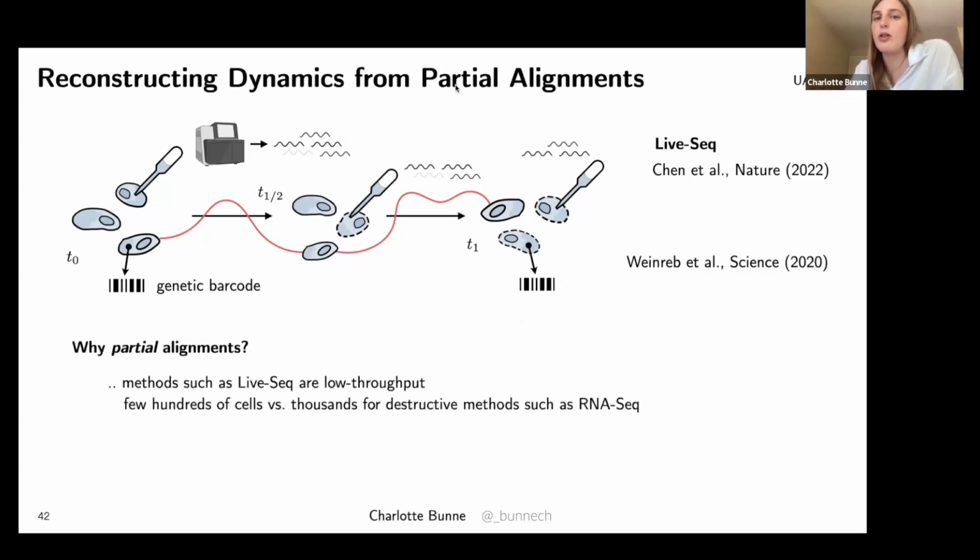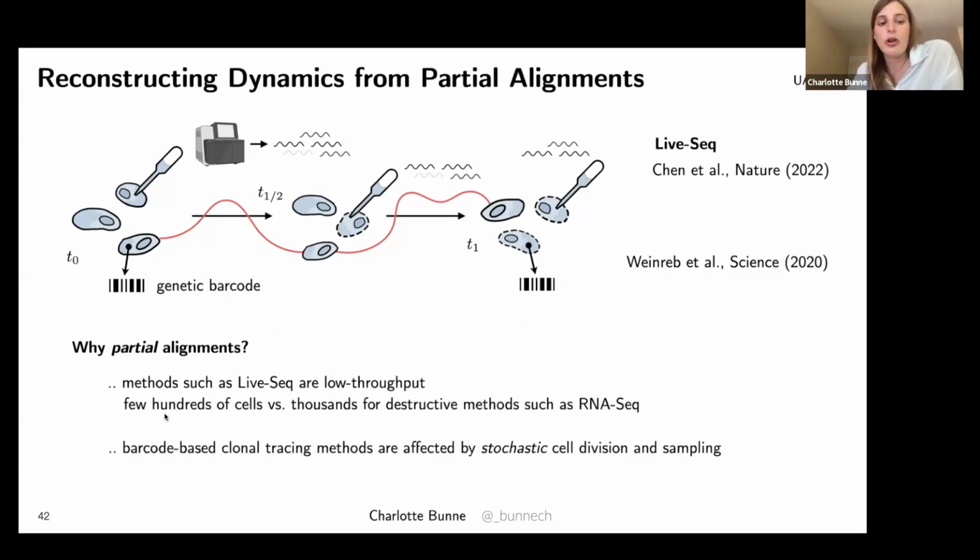And this is why we call this partial alignments, because such methods like live-seq are very low throughput. We can only sample a few hundred and not thousands and thousands of cells. And of course, those barcode-based methods are very much affected by stochastic cell division and by sampling procedures. But it at least provides us with some information on how those processes might be aligned.